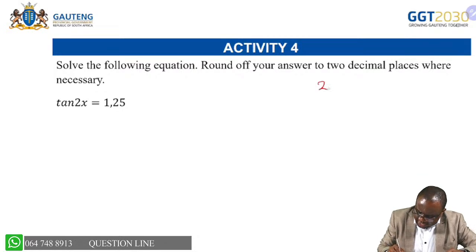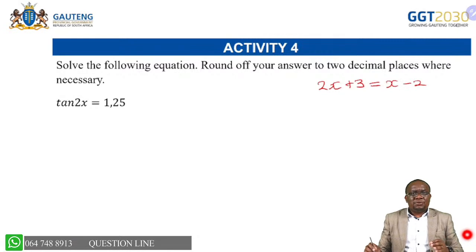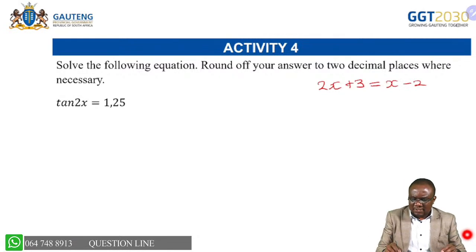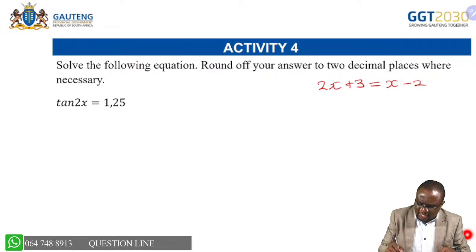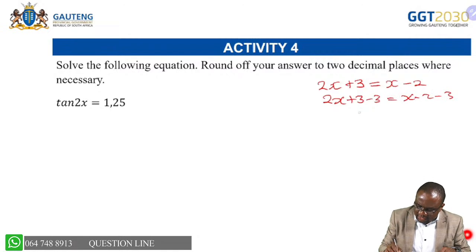Let's say I have 2x plus 3 is equal to x minus 2. To solve this equation, I must subtract 3 on both sides, so that 2x plus 3 minus 3 is equal to x minus 2 minus 3. Then I get 2x is equal to x minus 5.